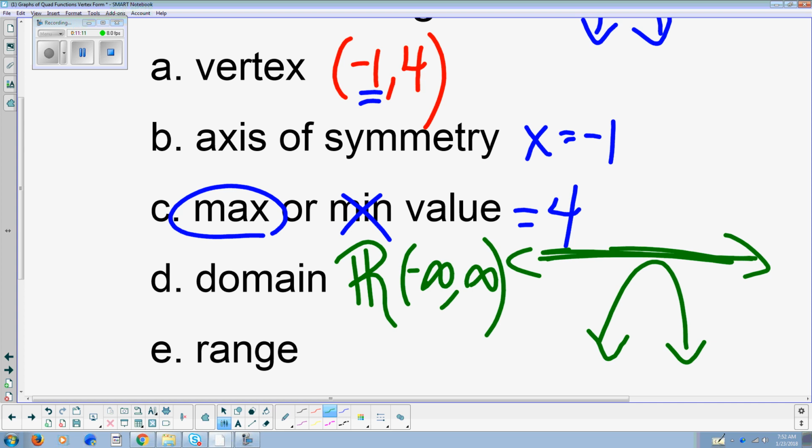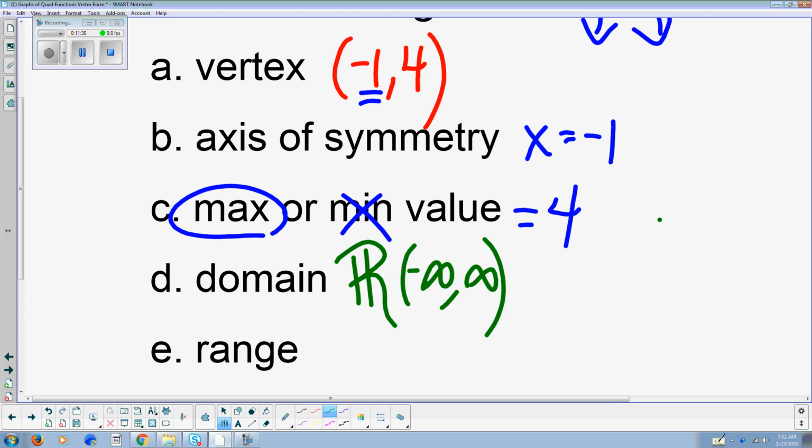But as far as range goes, this vertex is at the point -1, 4. Let's say this is -1, so 0 would be here. I better just start a new sketch. -1, 4, and then it's a frowning.